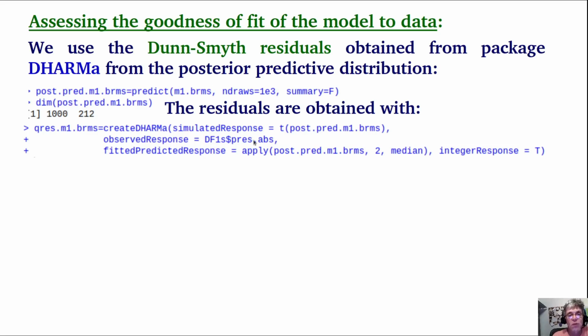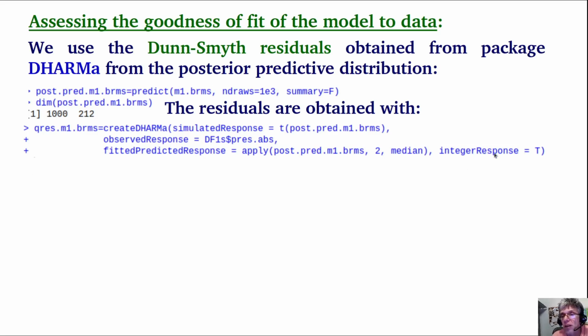The observed response, which is where the response variable and the data frame where it is, and the predicted, fitted predicted response, for which we use the median of the posterior predictive distribution, the median for each of the 1000 rows.